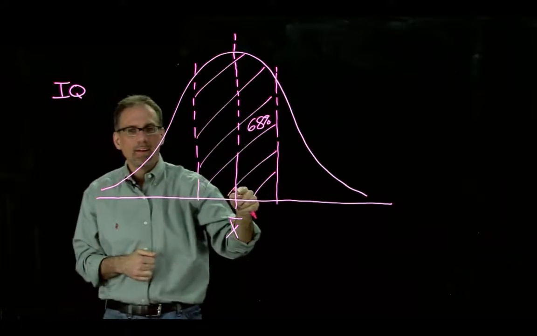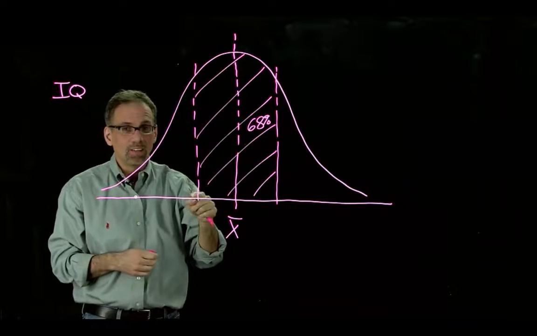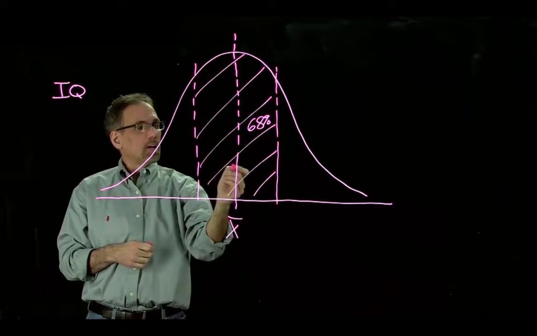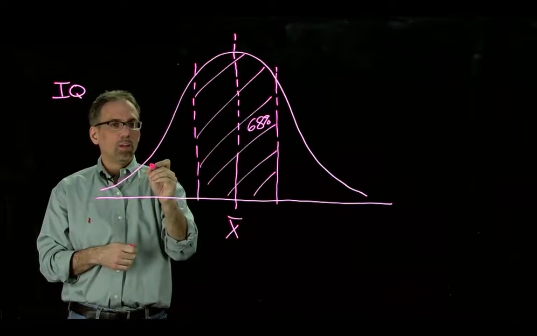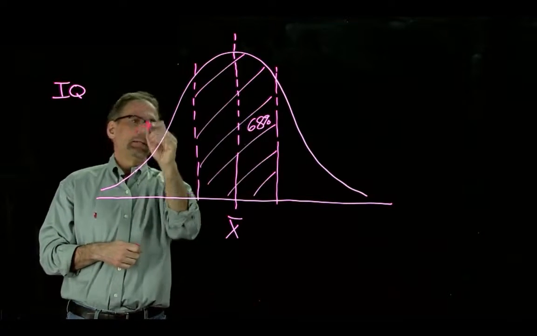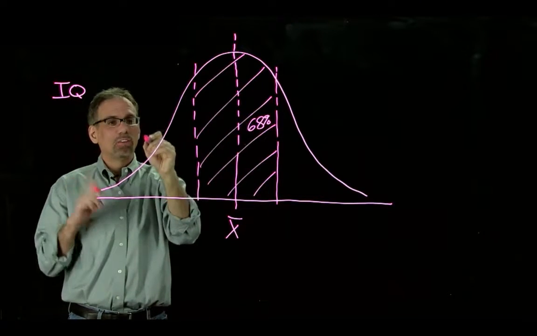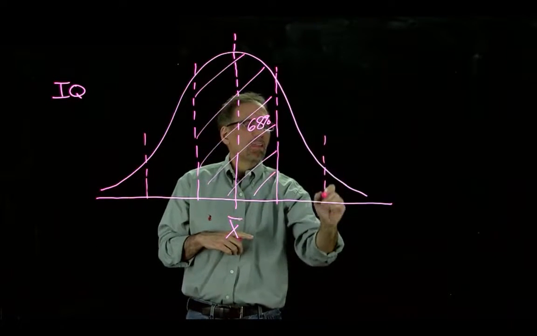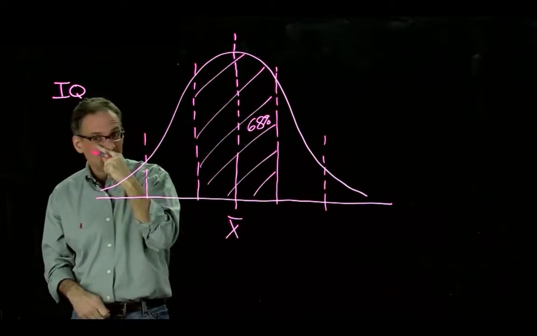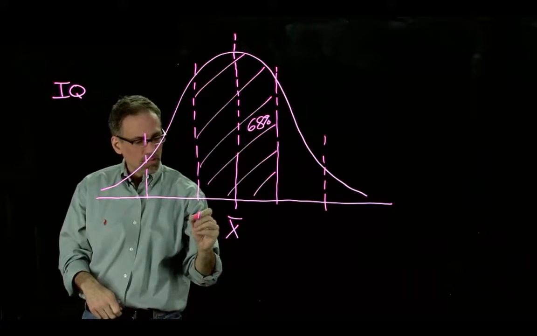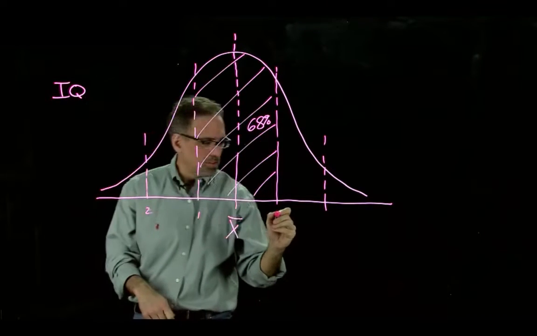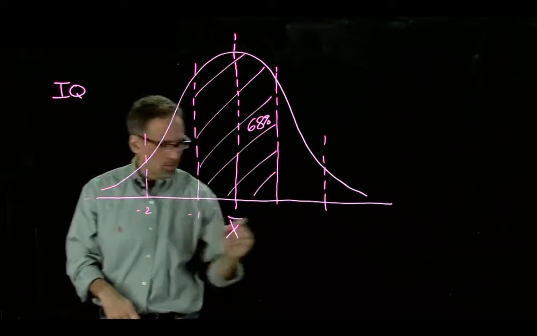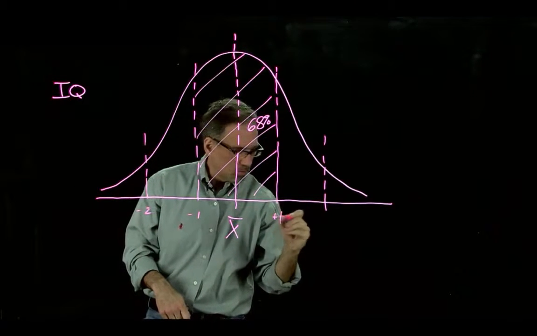If I go out another standard deviation unit, so I go 2 standard deviation units below, maybe I'm out about here now. Again, I'm not drawing to scale necessarily, okay? This is 1 standard deviation unit. This is 2 standard deviation units, minus 1, minus 2, plus 1, plus 2.